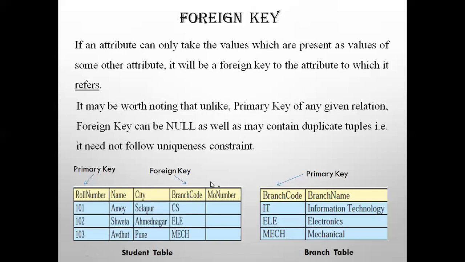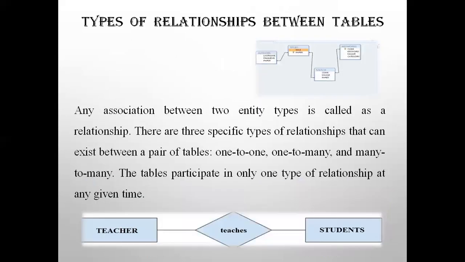So the student relation is called the referencing relation and the branch relation is called the referenced relation. So this was about the 4 types of keys with their definitions, properties and examples. Now let's move further to relationships between tables.